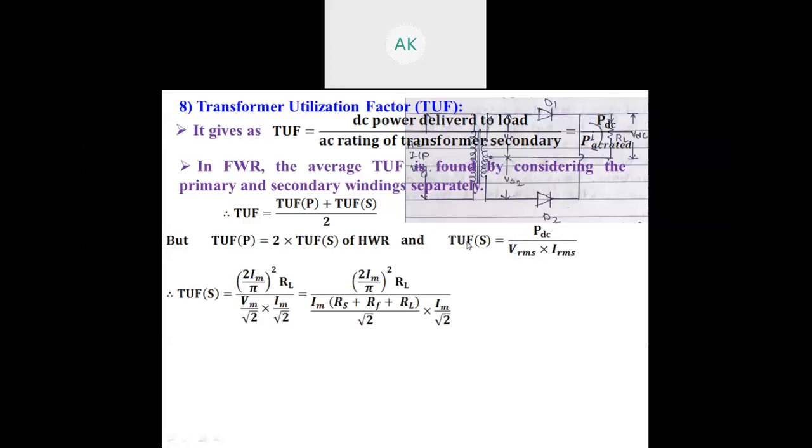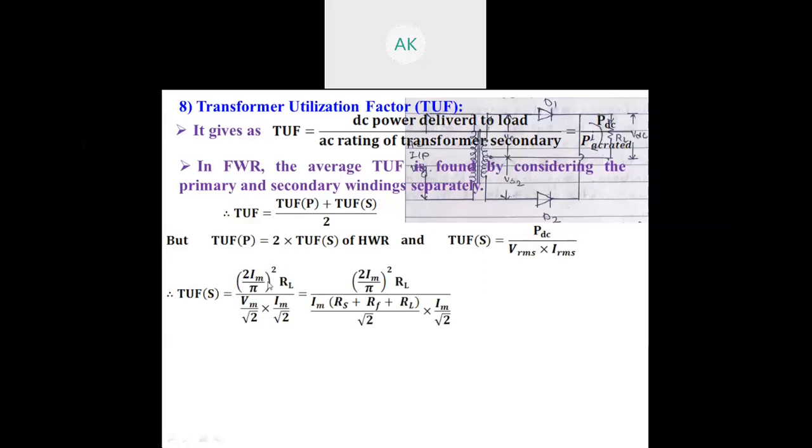For a full wave rectifier, the secondary TUF is given as PDC divided by PAC rated, where PAC rated is VRMS into IRMS. We know that PDC can be given as IDC square into RL.